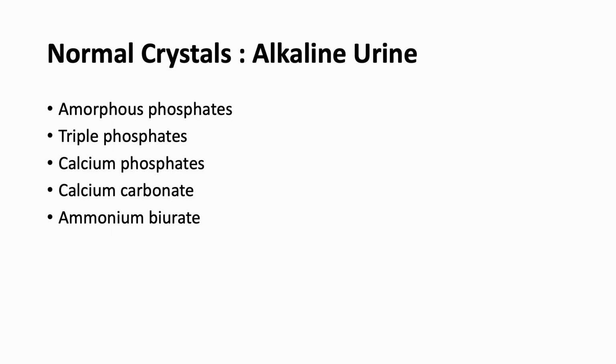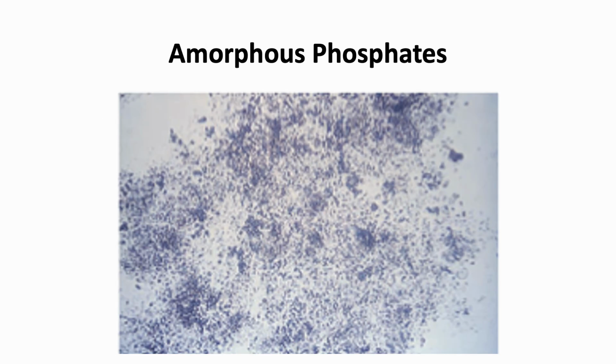Listed in this slide are the different normal crystals that are found in alkaline urine. Amorphous phosphates also appear granular in appearance, similar to the amorphous urates, and they are commonly seen in alkalinized urine. They are present in large quantities following specimen refrigeration, and they can form a white precipitate that does not dissolve upon warming.